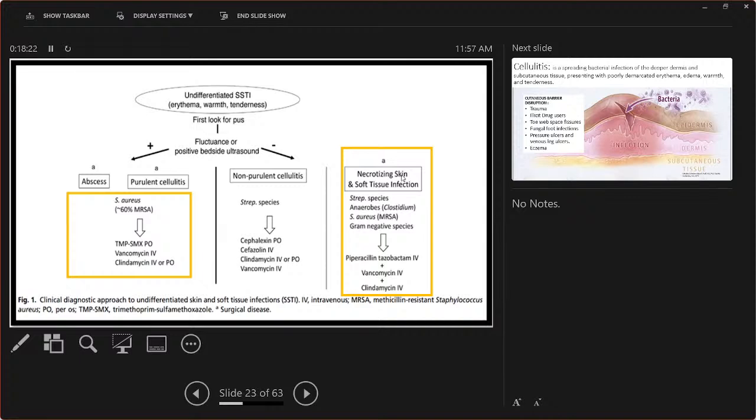Then secondly, you can also dynamically do the correct localization and incision and drainage by using the water bath.